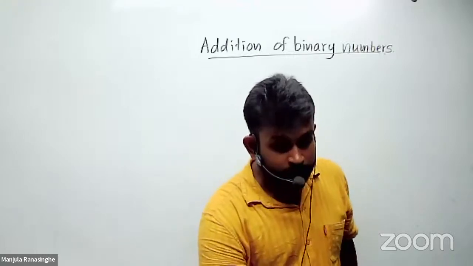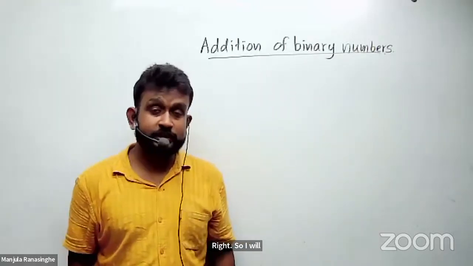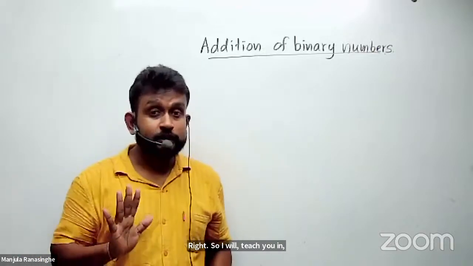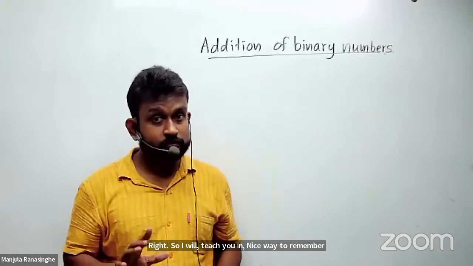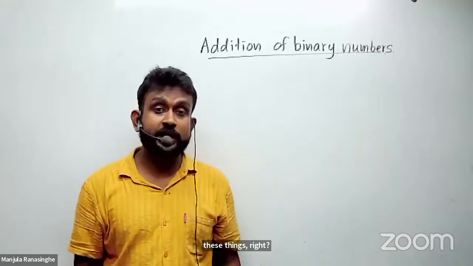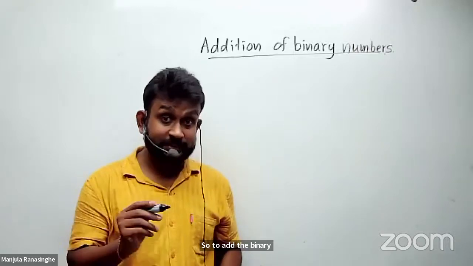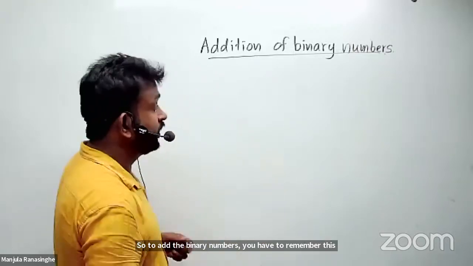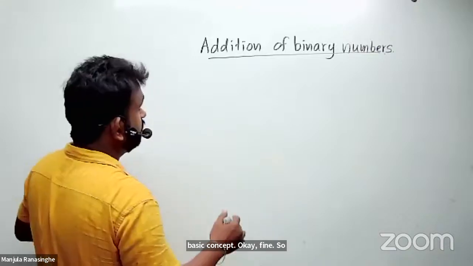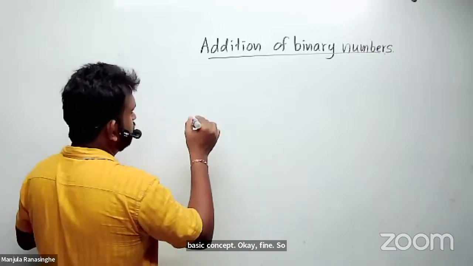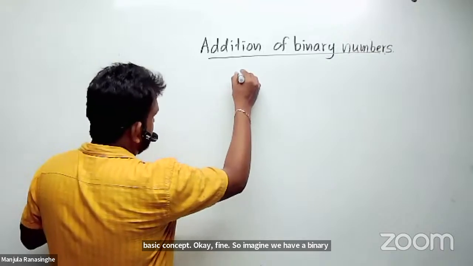I will teach you in a nice way to remember these things. To add binary numbers, you have to remember this basic concept. Imagine we have binary numbers. You know that they have place values.